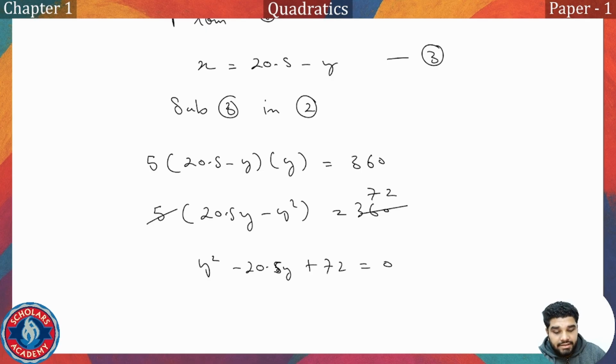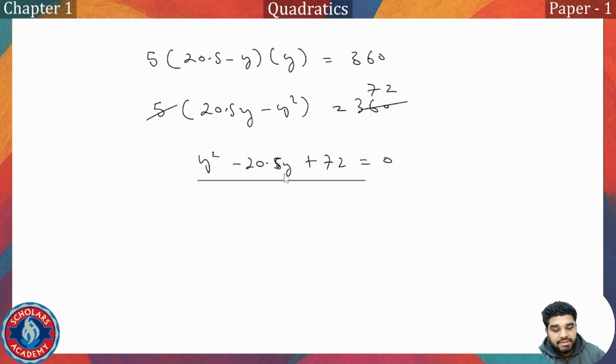So this is what I'm getting, and we can factorize this quadratic equation. The factors will be y² - 4.5y - 16y + 72 = 0.